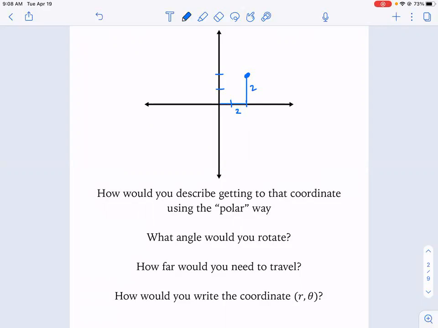I disagree. It looks more like 60 because it's in between. I like the pi over 4, but I don't like the R. Well, if you did... What's a right triangle?